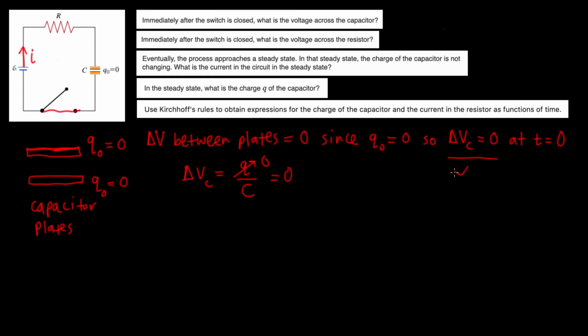And so another way to think about this is that since the voltage across the capacitor is 0 at time equals 0, the capacitor acts like a normal piece of wire at time equals 0, or immediately after we close the switch. And that's because the voltage across the capacitor at time equals 0 is 0 volts.